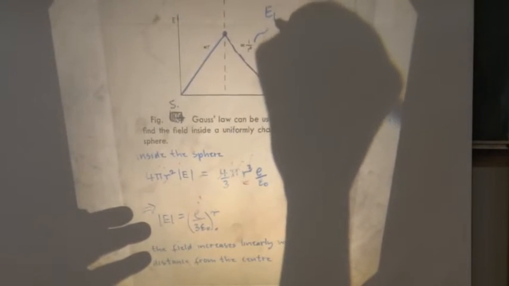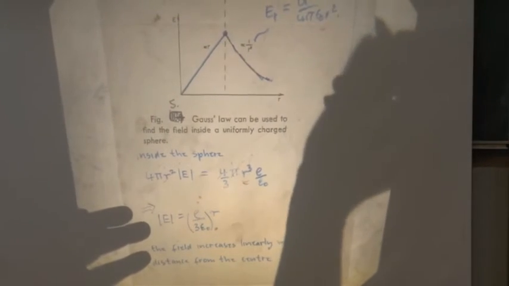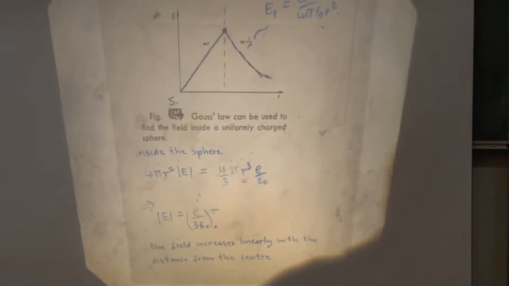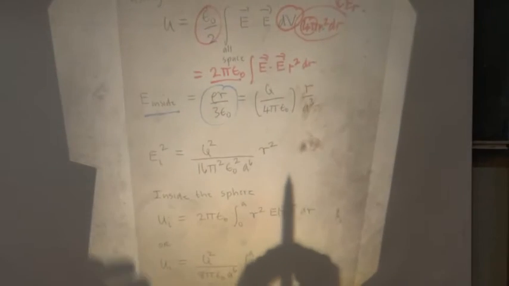And I asked you in that question to prove the field was continuous. In other words, to use this formula on the inside, and the E is the total charge over 4 pi epsilon naught r squared on the outside, and show that they join up at that point. So we know that this field inside is rho over 3 epsilon naught times r. So we just have to substitute that field into this equation.